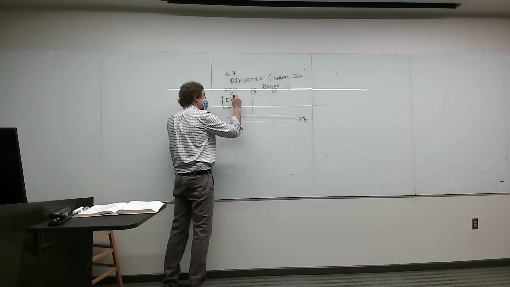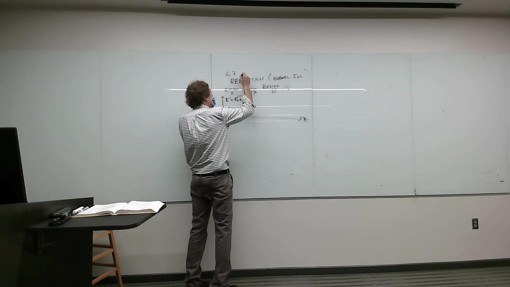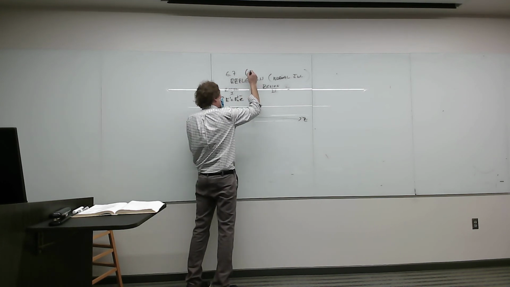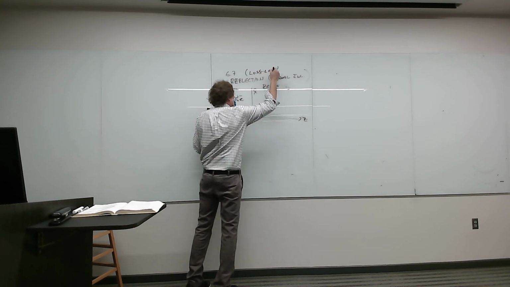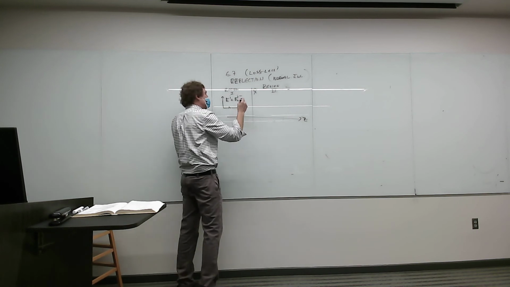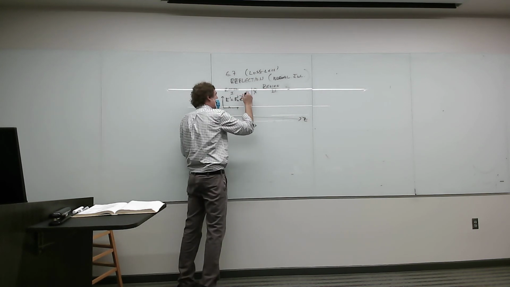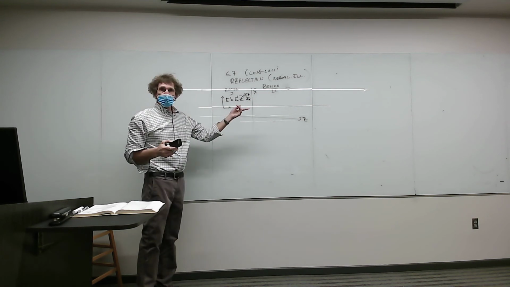And call that E naught incident, e to the minus, let's do this for the lossless case. We can add something in a second to take care of the lossy case. It would be e to the minus j beta 1 z in the ax direction. I hope you can appreciate that wave is going this way.